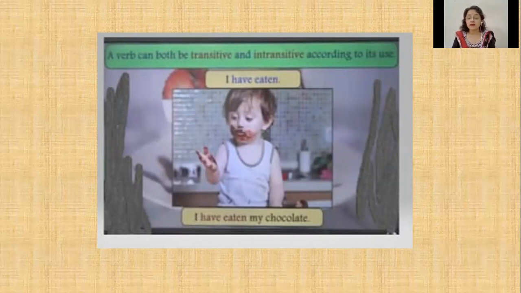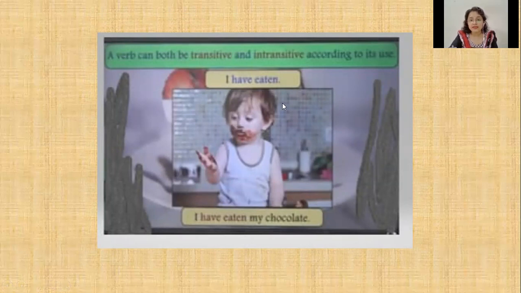See, in the sentence, eaten: I have eaten. In the first sentence, I have eaten, there is no answer to the question of what you have eaten.